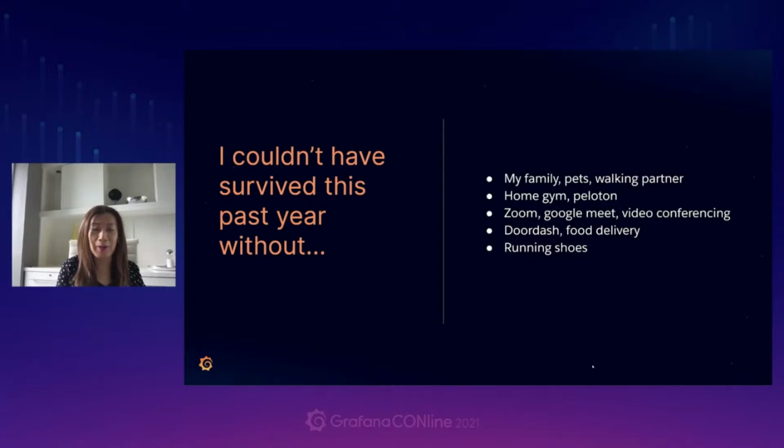Another is being stuck at home, working from home, and work-life balance, which is super critical: how do we balance sitting in front of a computer all day and make sure our body continues to function. So home gym and politics were another important thing for us. And of course, we cannot forget we have to connect well with our team, our family, and our friends, so Zoom, Google Meet, and video conferencing are really critical as well.